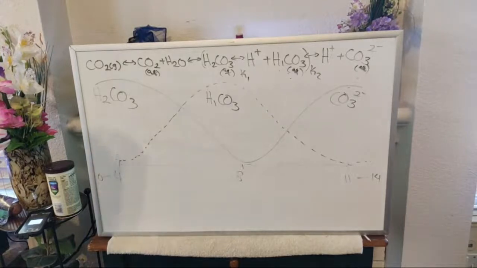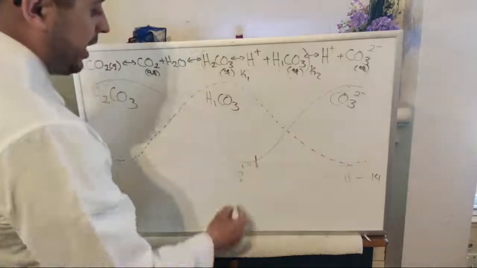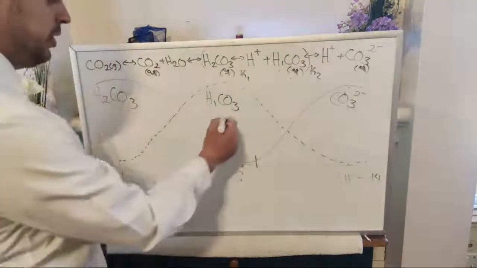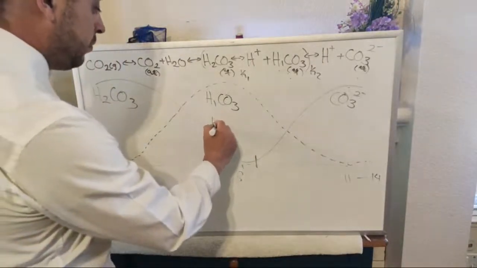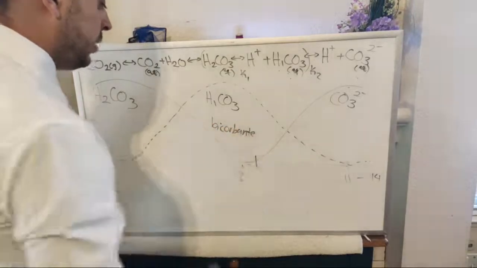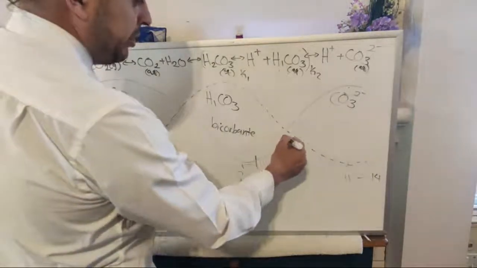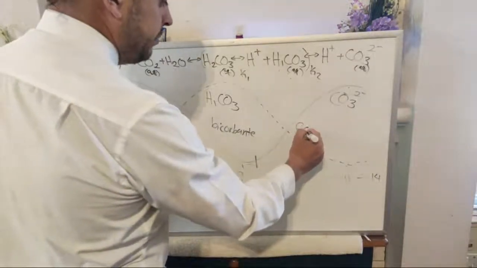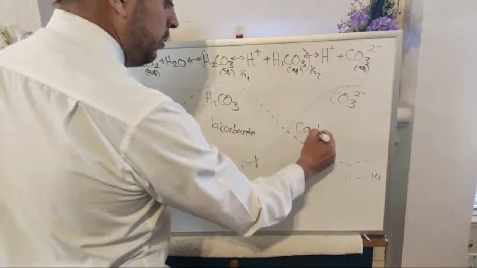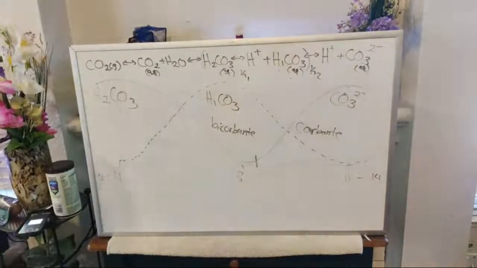So in salt water, our pH is around 8.3. So you're gonna have a large concentration of bicarbonate, or baking soda, and with a slightly smaller amount of carbonate. All right. There you go.